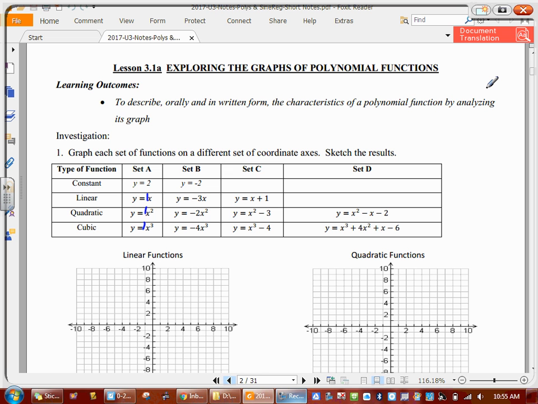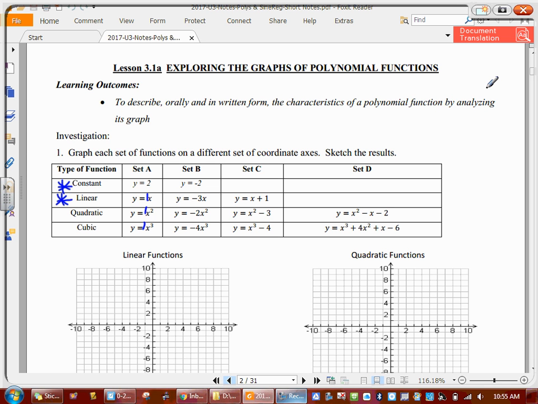If I'm going to be drawing a linear function, what do you notice is the difference between the first two, constant and linear functions? It should be very obvious. Look at the equation. What is different between this equation and this equation?